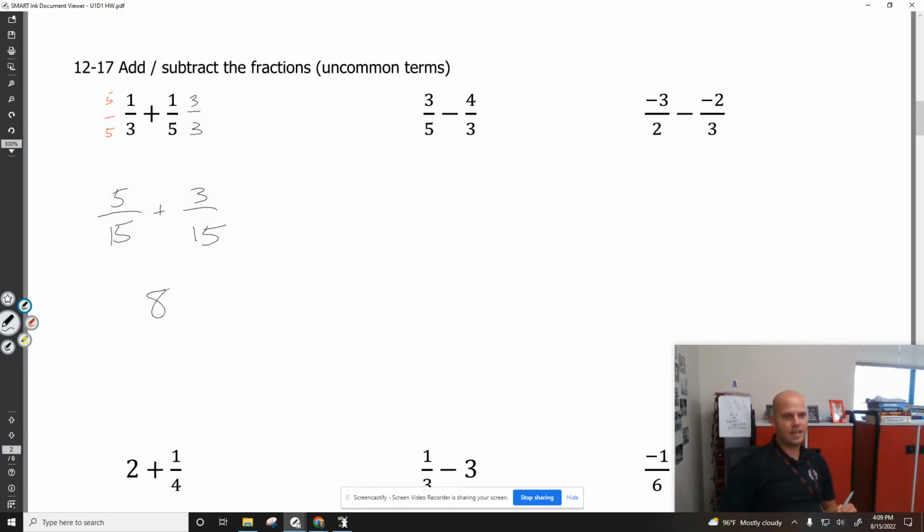Well, I have a total of 8/15. And then we're just going to continue. Give them like sized slices.